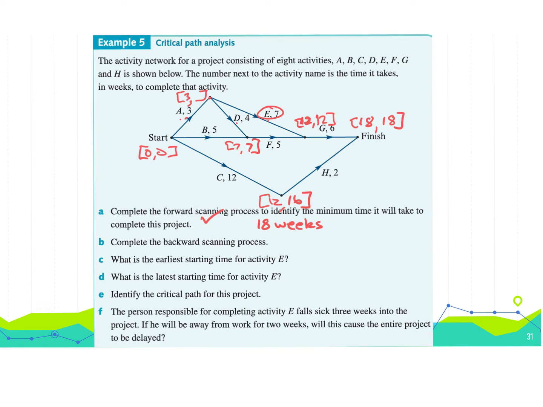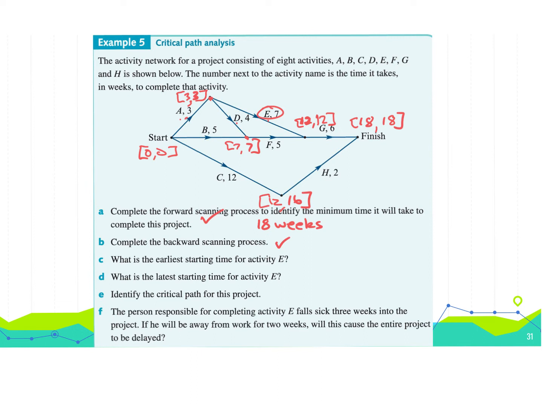So that's going to be 7, and then we're going to take away here 4, so that's also going to be 3. And so we can kind of see the float times already. That's going to be our critical path. It's going to be anytime this is matching. So it's going to go A to D to F to G. That's our critical path analysis.